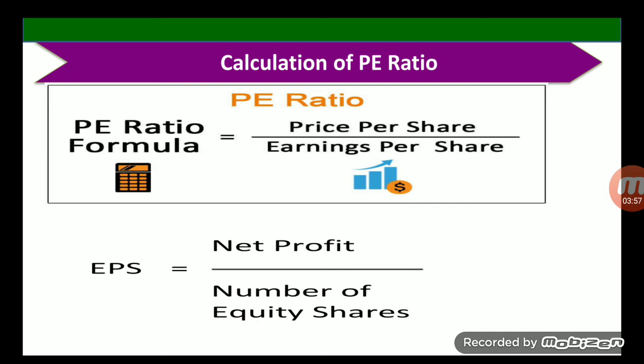So what is net profit? We can define net profit as profit after tax, that is PAT, divided by the total number of shares of the company in the market. So this is the EPS.